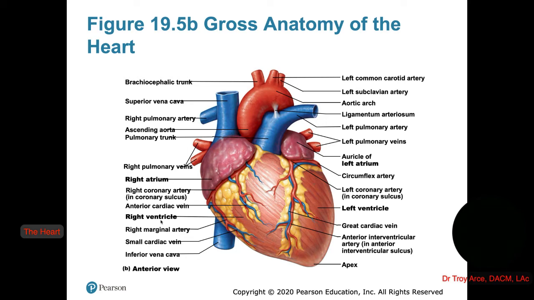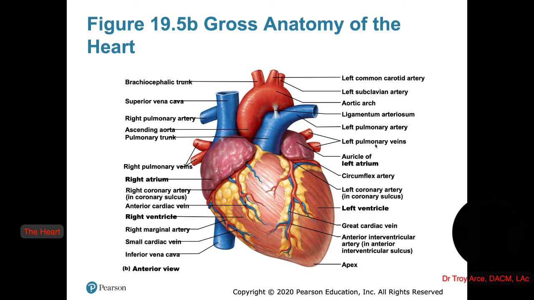And as you can see, the left pulmonary artery here, okay, this is the only artery that carries deoxygenated blood. And the superior vena cava or the right pulmonary artery, here's another one that carries deoxygenated blood, right? So let's take a look at some veins.